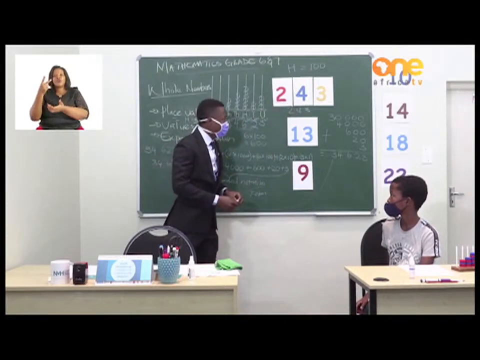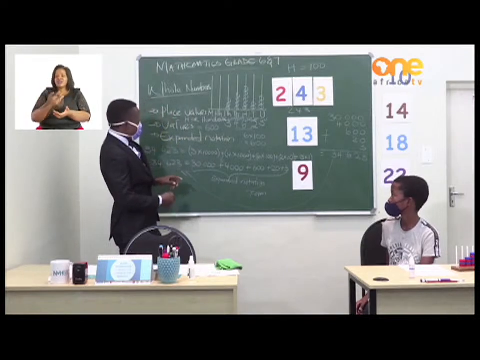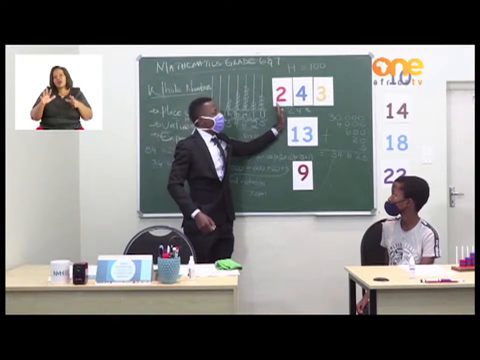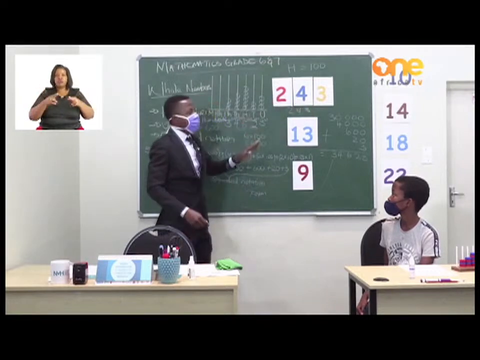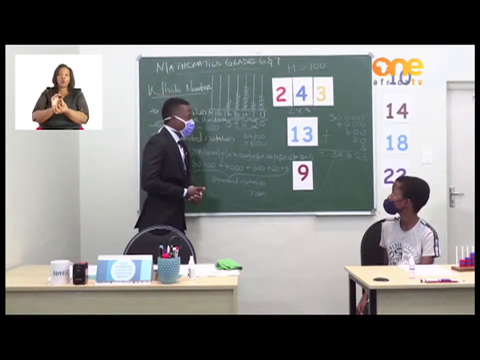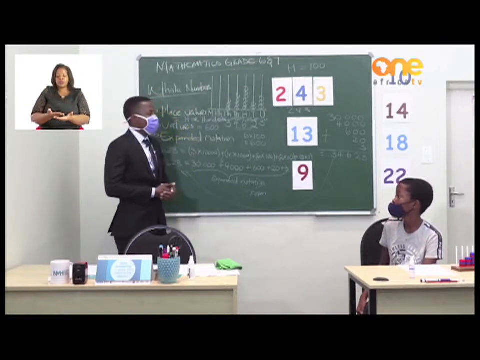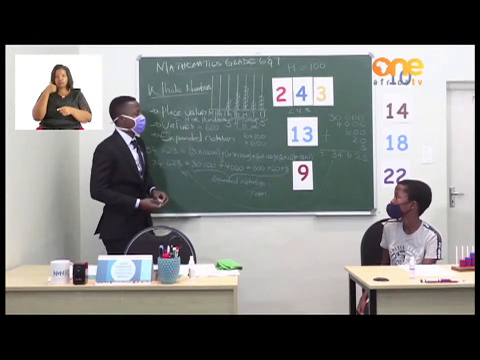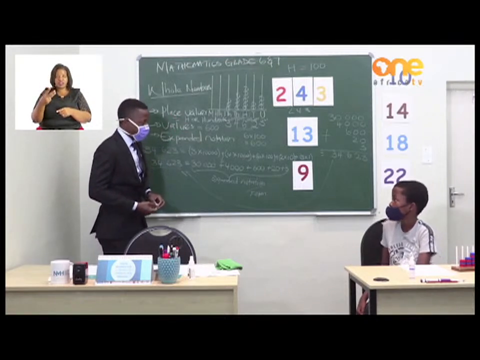And what is the value of 3? And you need to expand. How do you expand this number? So you can try that at home, and it will help you, of course, to know and understand these 3 concepts much better.